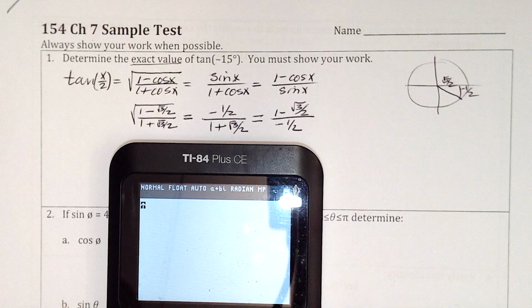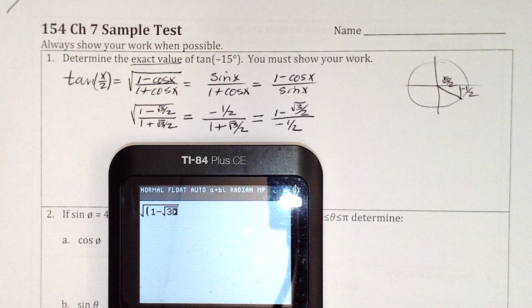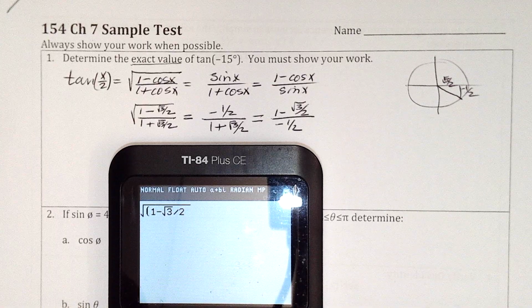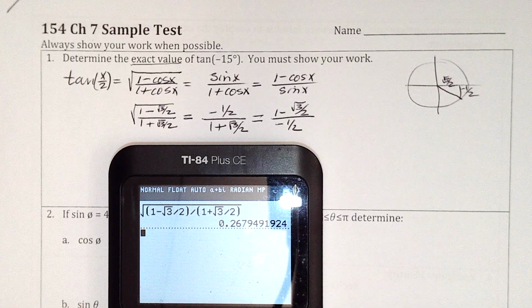So the square root of parenthesis 1 minus the square root of 3 divided by 2, close parenthesis for the numerator, divided by open parenthesis 1 plus the square root of 3 divided by 2, and we get that answer.